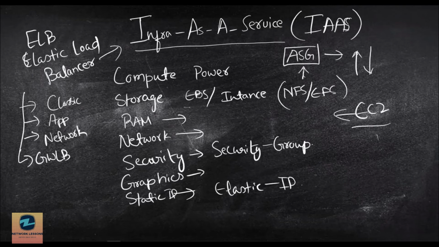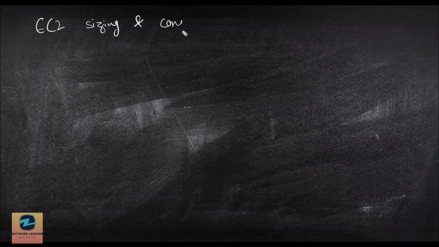Okay, let's talk about the EC2 sizing and configuration options that you get on the cloud. So let me just go and wipe this board clear. Now this time we'll be talking about the EC2 sizing and the configuration options that we get.